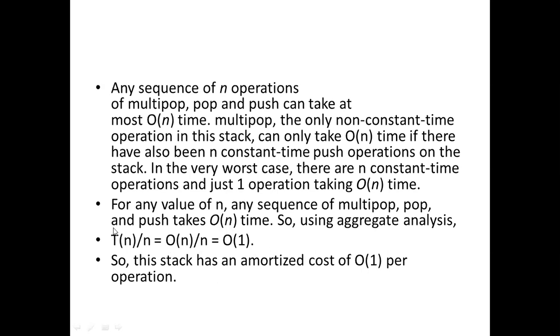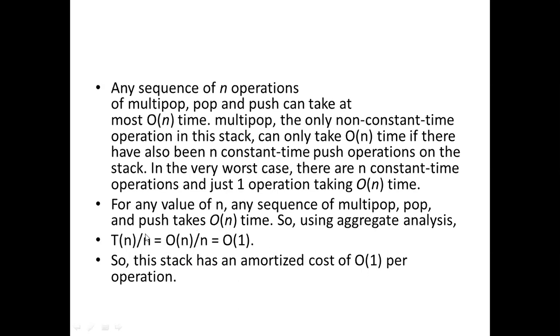Why? T of n means time complexity of n number of operations. O of n means big O notation, upper bound. For n operations, time taken is O of n. So for one operation out of n operations, we are dividing it with n.